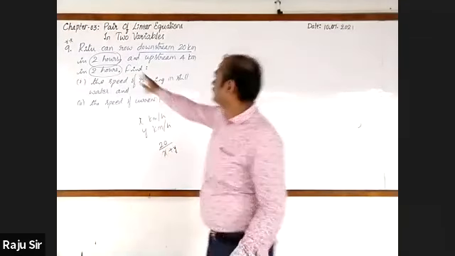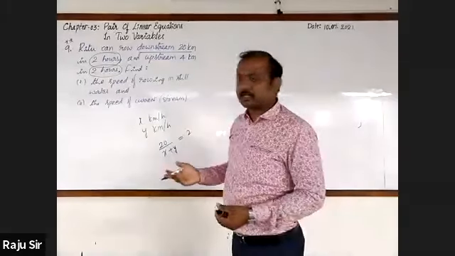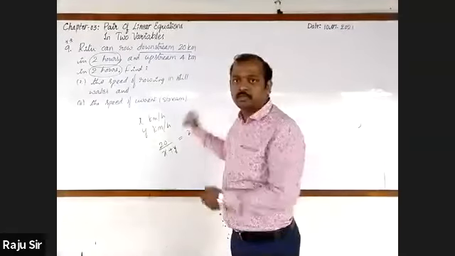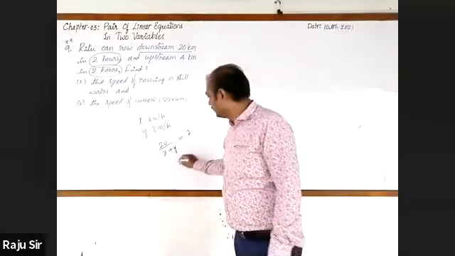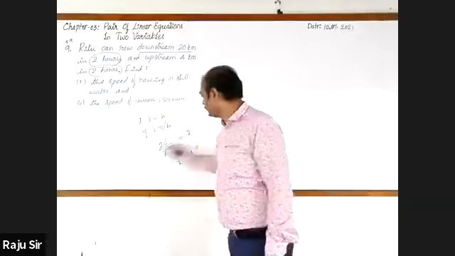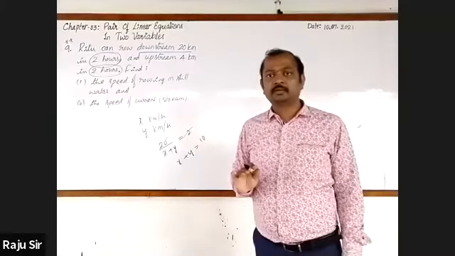The time taken is 2 hours. So 20 by x plus y equals 2 hours. Cross multiply: x plus y is equal to 10. Did you understand?